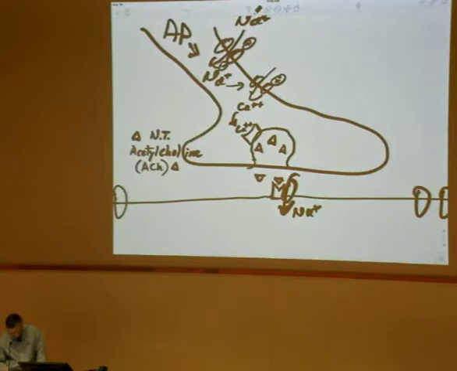It's an ionotropic sodium channel. Okay, so that brings sodium into the cell. Skeletal muscle cells can produce action potentials, just like a neuron, exactly the same set of proteins. Okay, so skeletal muscle cells can produce action potentials.